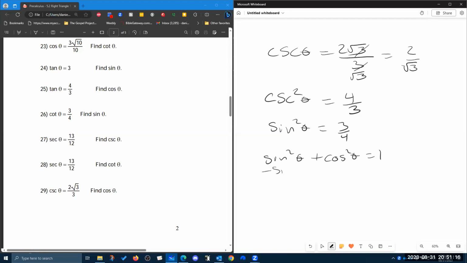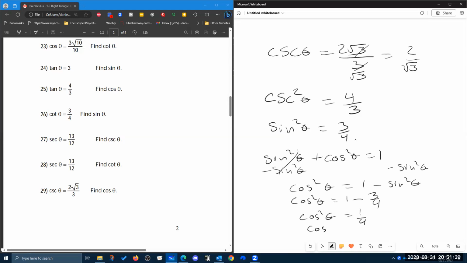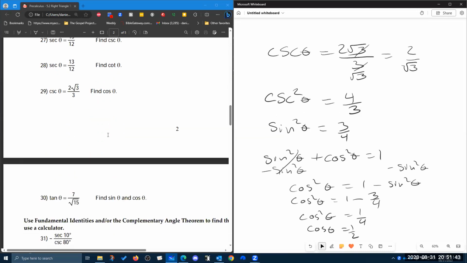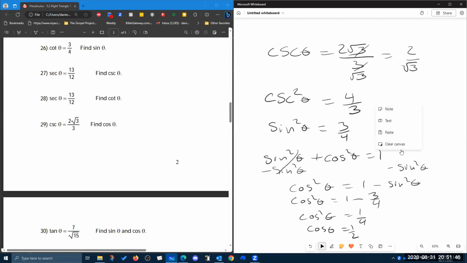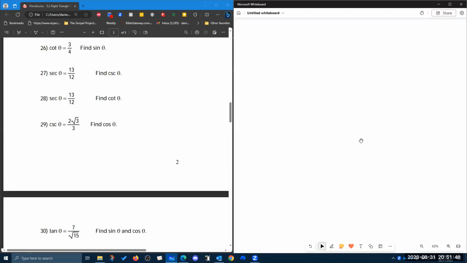So 1 minus sine squared is cosine squared. So cosine squared is 1 minus 3/4. Cosine squared is 1/4. And when I take the square root of both sides, cosine is 1/2. One last problem in this problem set.